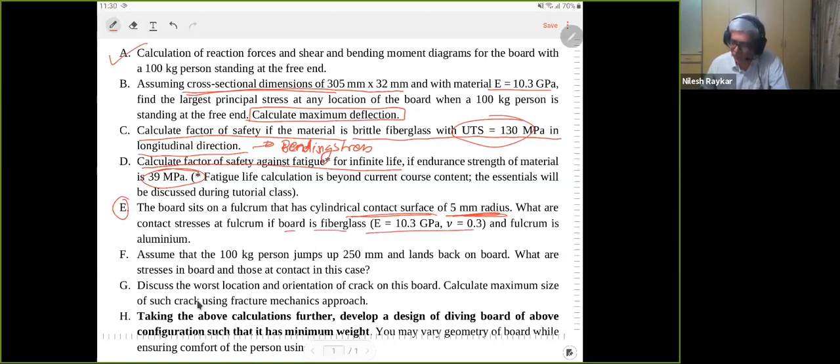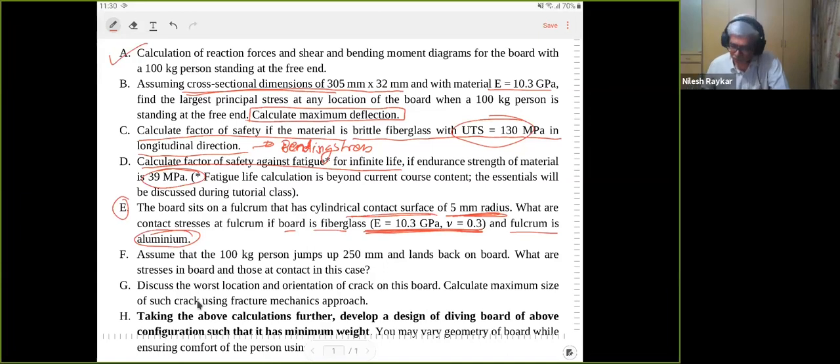You require the E values and nu values of the materials. These are given for fiberglass, that is, the board material. The fulcrum material is given as aluminum, so you have to find the E value and nu value for aluminum from the internet or a design data book. If you have access to them, you can talk to your third year friends. They can give you the reference.